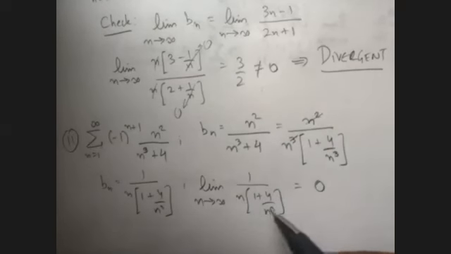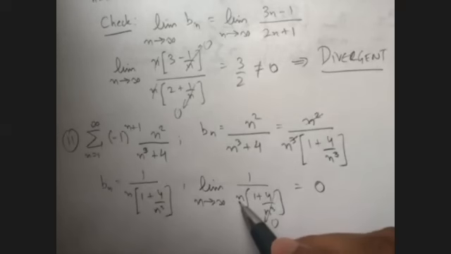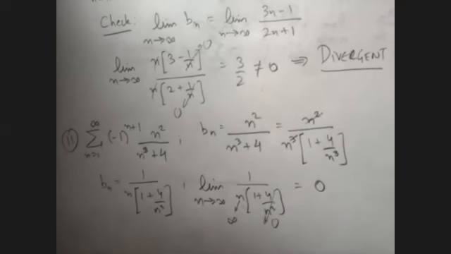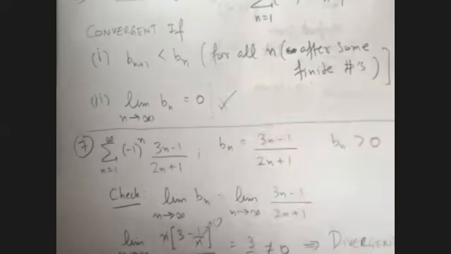Right. So this term goes to 0 and this goes to infinity, which is why this is 0. So the first condition is true.